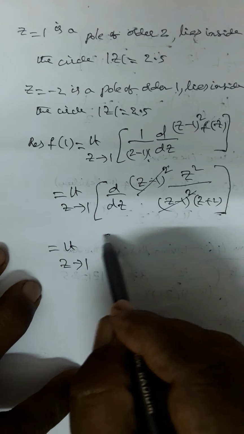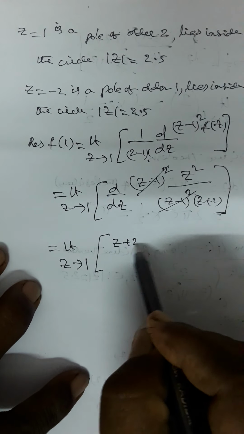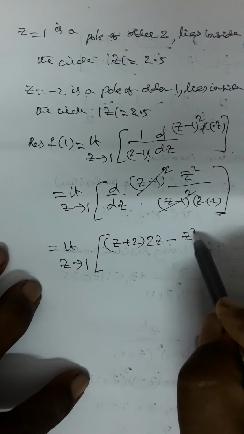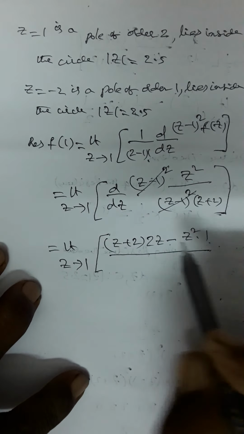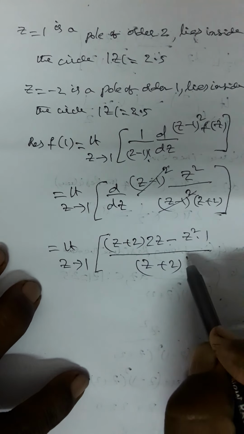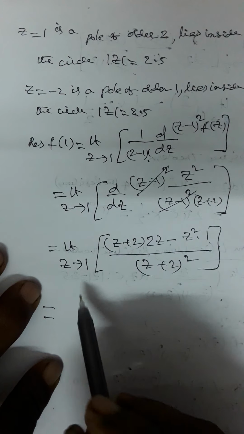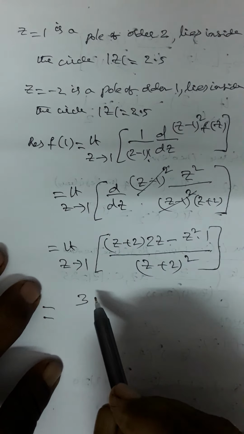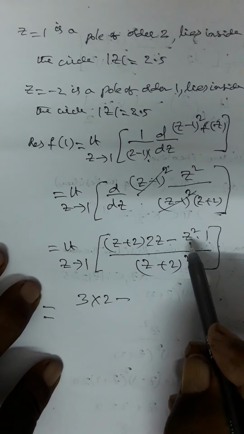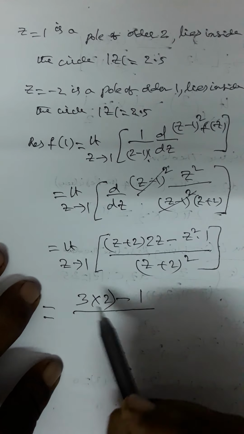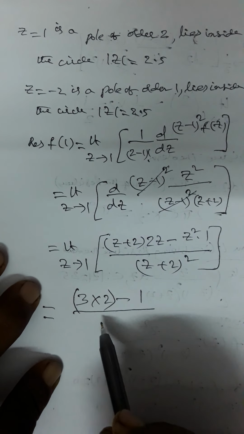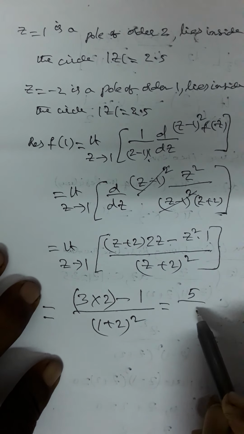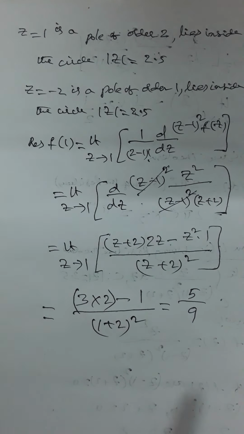By the u by v formula: v into u derivative, (z plus 2) into 2z, minus u into v derivative, z square into 1, by v square, (z plus 2) whole square, at z = 1. So 3 into 2 is 6, minus 1, by (1 plus 2) whole square, which is 9. So 5 by 9.